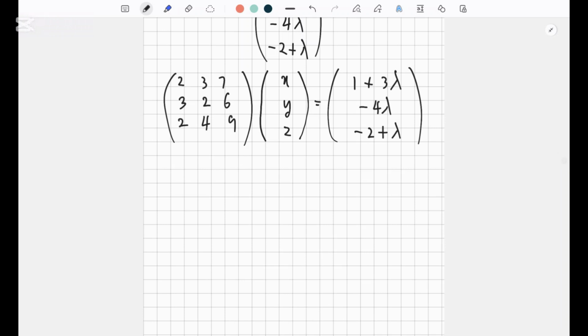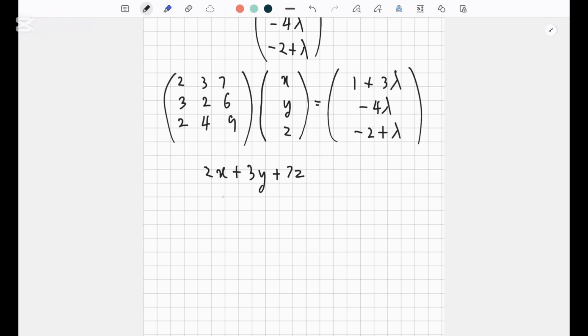Now let's solve the matrix. It's going to be the first row into the column, then the second row into the column, third row into the column. So we have 2x plus 3y plus 7z, that's your first row.